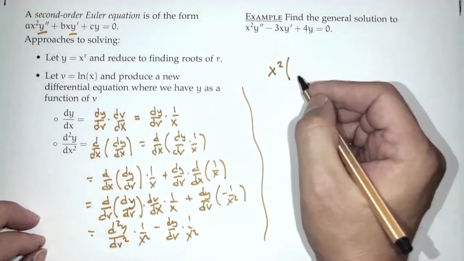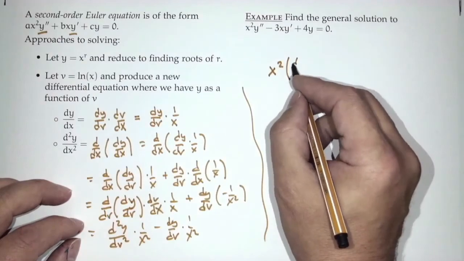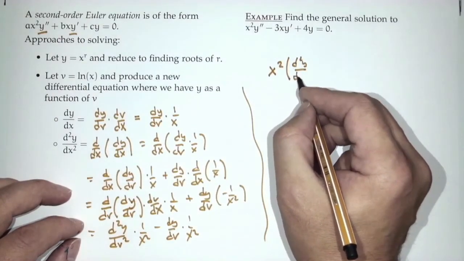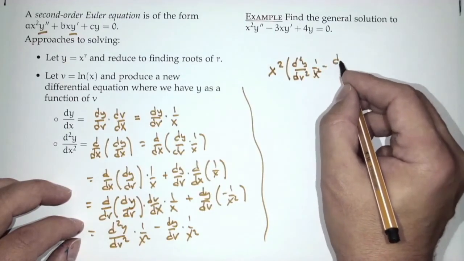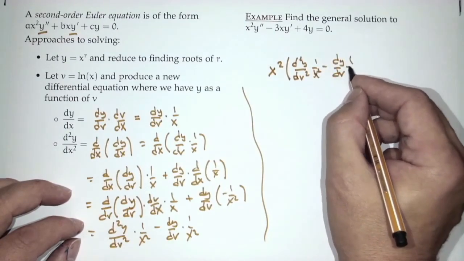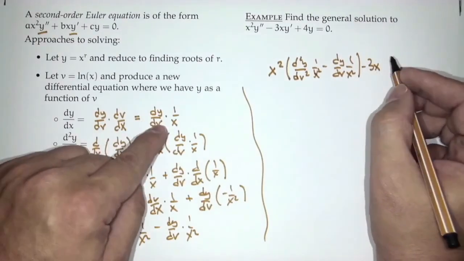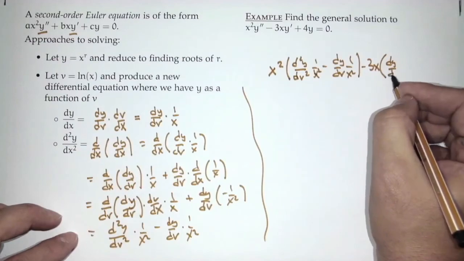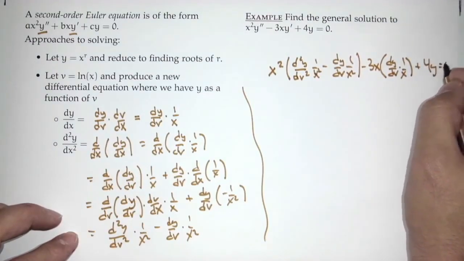x squared, y double prime, put in what y double prime is. You have d squared y dv squared times 1 over x squared minus dy dv times 1 over x squared minus 3x times y prime, dy dv times 1 over x, plus 4y equals 0.